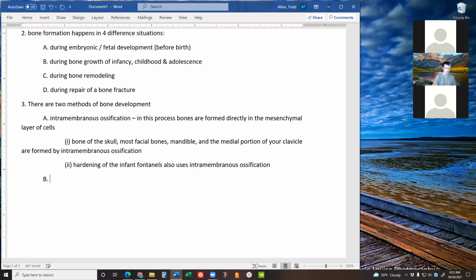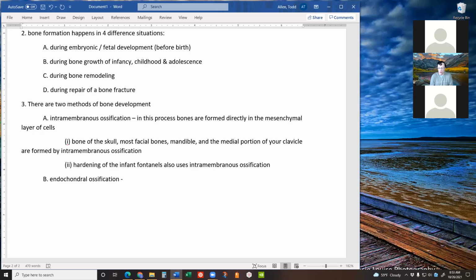So everything else in your skeleton, all the other bones of your skeleton, is made by the other bone formation process called endochondral ossification. Bones that form through endochondral ossification form by first developing a mold of cartilage.